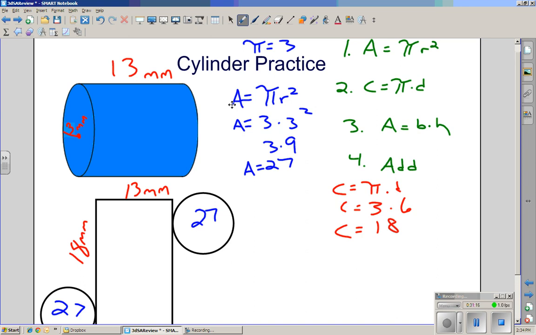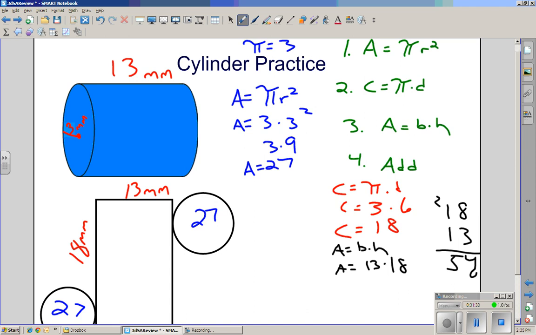Third step, I have to find the area of my rectangle. I know A equals base times height. My base is 13. My height is 18. I will do that off to the side. 8 times 3 is 24. Plus 3, that's 5.